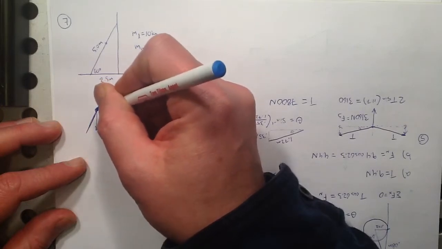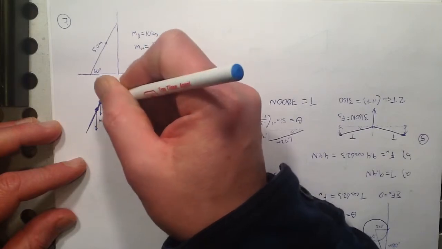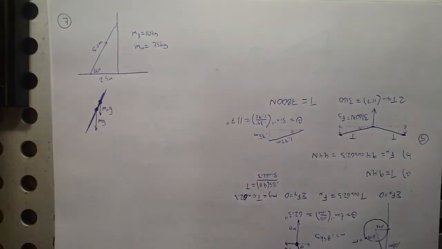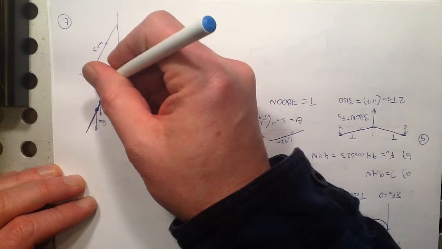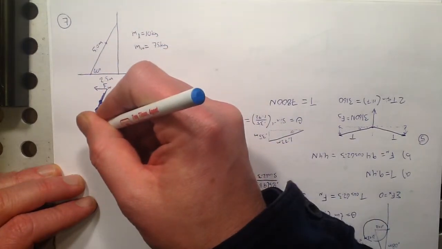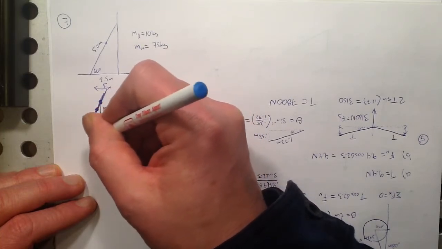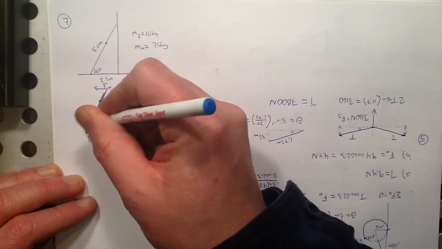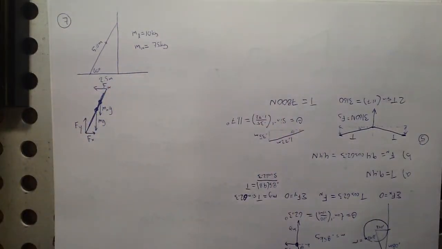Here, there's another force, which is the mass of the man times g. That's the gravitational force of the man on the ladder. There's the force from the window, and then here at the bottom, there's the two components, call it Fx and Fy, just like we did in class. So there's a bunch of forces here.